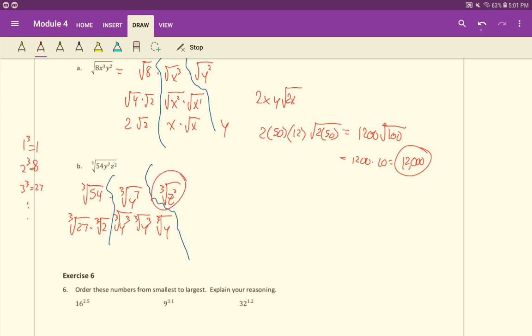Finally then, we have the cube root of z squared, which we can't do any further because there's not even one perfect cube we could pull out. Okay, so the cube root of 27 will simplify to just 3. Cube root of 2 stays that way because we can't simplify that. These will just simplify to y. And then you get cube root of y. And this is the cube root of z squared.